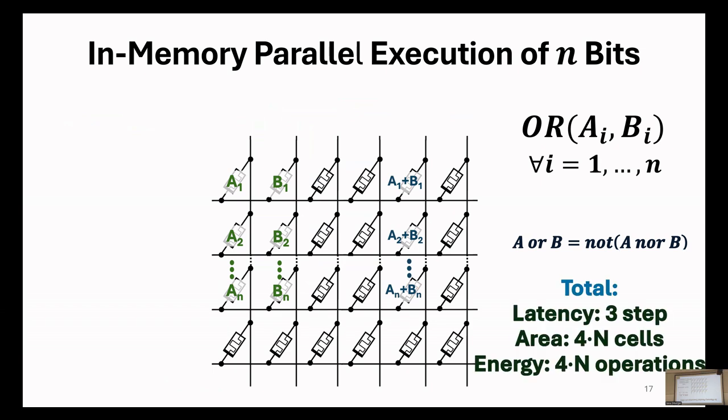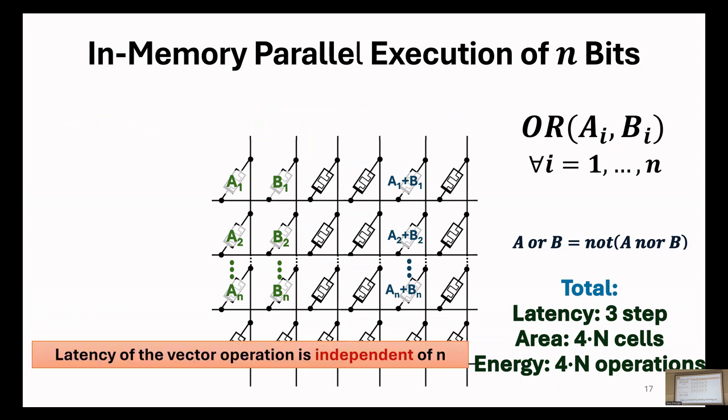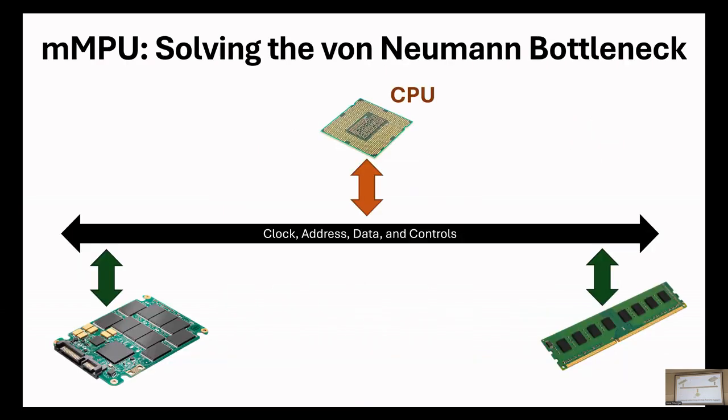It took 3 steps to do it. The area is 4n cells if we also include the inputs, and the energy is 4n if we also include the initialization cells. It's a small thing. But what's special about it is that the latency of the vector operation is independent of n, so it's good for improving the throughput, as we will see soon.